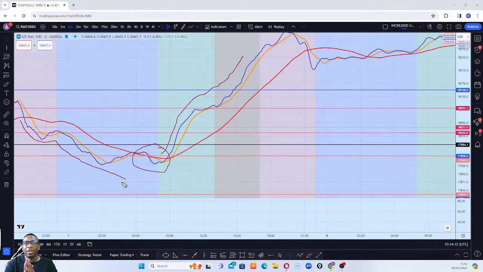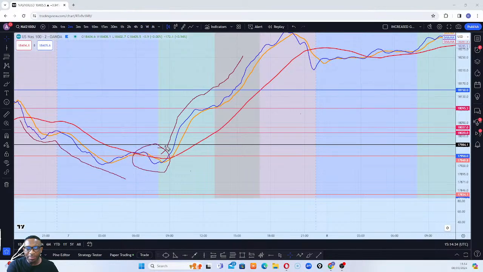Our duty as traders is to identify what price is about to do, or the likely direction it is about to embark on. With that said, we keep our eye on this blue line.